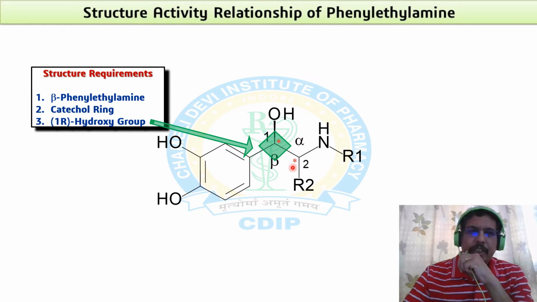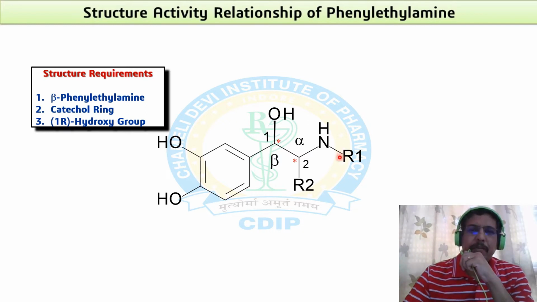But apart from that, on the amine area the nitrogen bears two hydrogens, and those hydrogens can be replaced by an alkyl moiety. In the present core structure we only show R1, but the possibility of replacement of this H is also there.